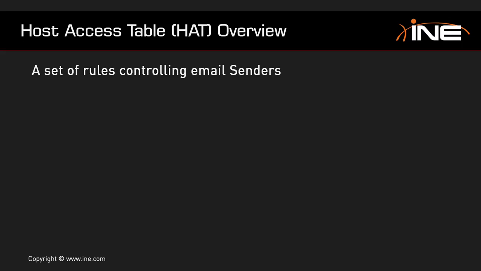The other one is known as recipient access table, where in case of HAT, it's basically a set of rules that are used by the ESA to control connecting senders. So SMTP hosts connecting to our ESA in order to relay or originate a message. So we will use this table to determine which of those senders is allowed to connect, and if it is allowed, how the connection is going to be handled.